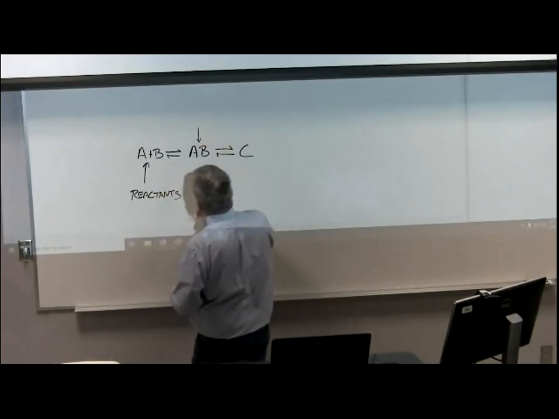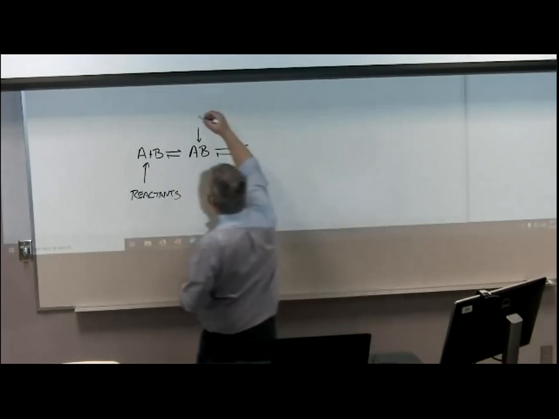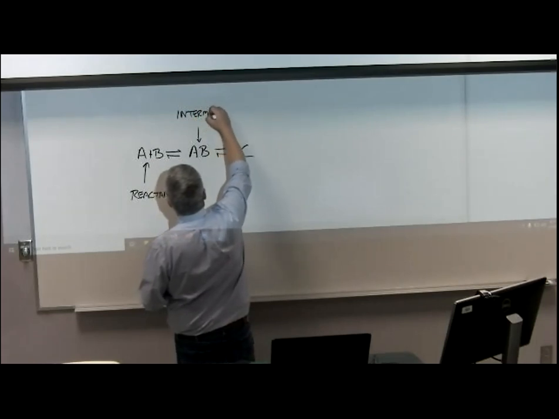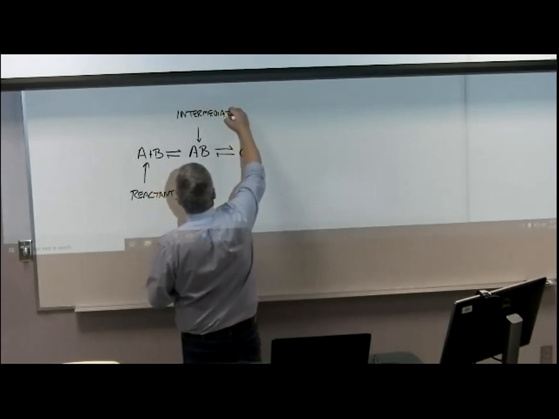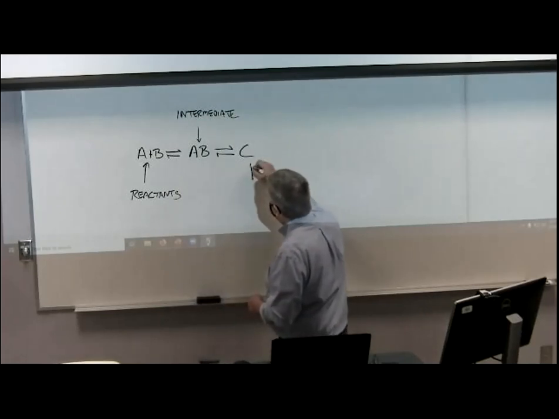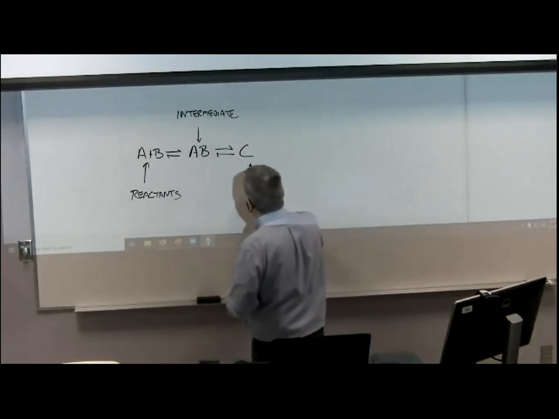Anything that's produced in the process is called an intermediate. And finally, in this example, C, the thing we end up with, is called a product.